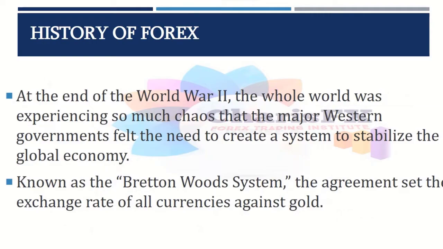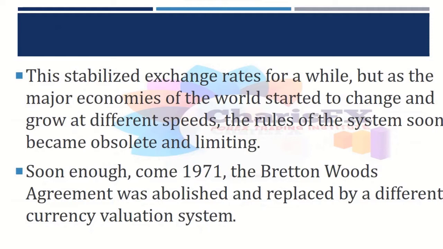Now, this agreement stabilized exchange rates for a while, but as the major economies of the world started to change and grow at different speeds, the rules of the system soon became obsolete and limiting. Soon enough, in 1971, the Bretton Woods Agreement was abolished and replaced by a different currency valuation system.